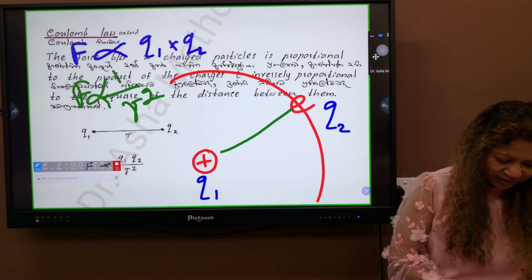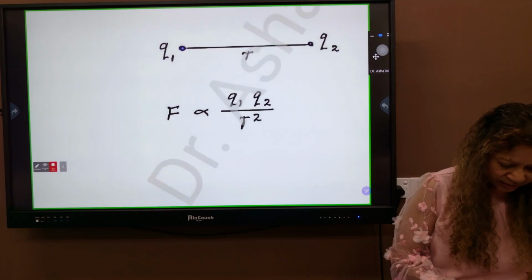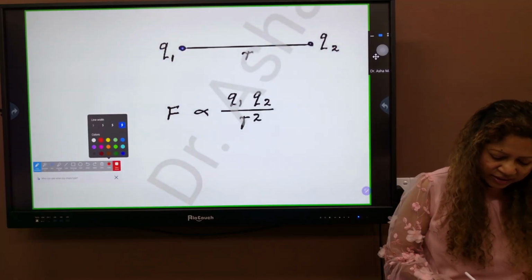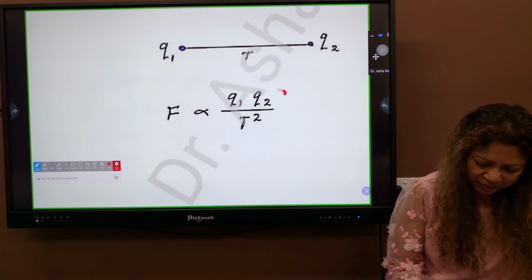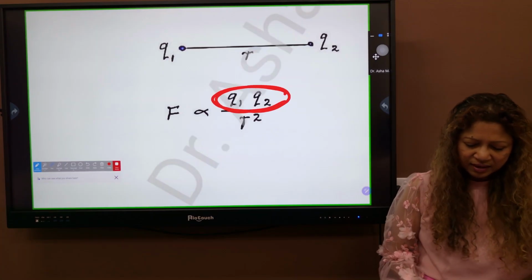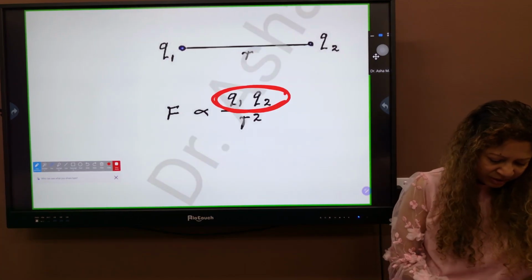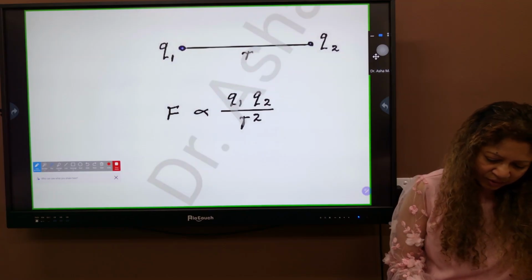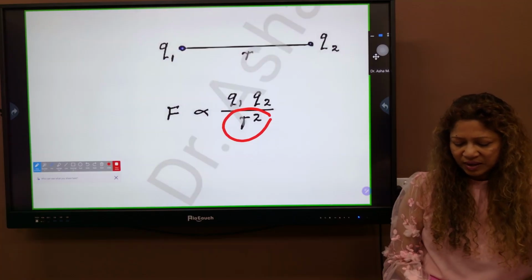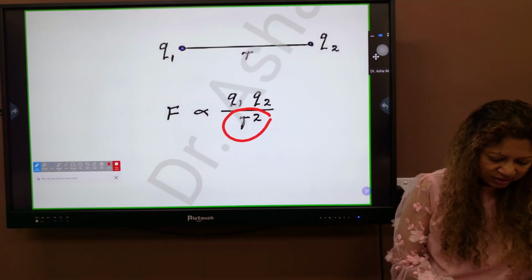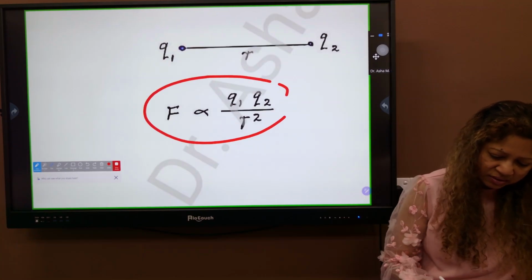So we can say the interaction between these 2 entities, negative and positive, is directly proportional to the product of their charges, and inversely proportional to the square of the distance. So this is Coulomb's law.